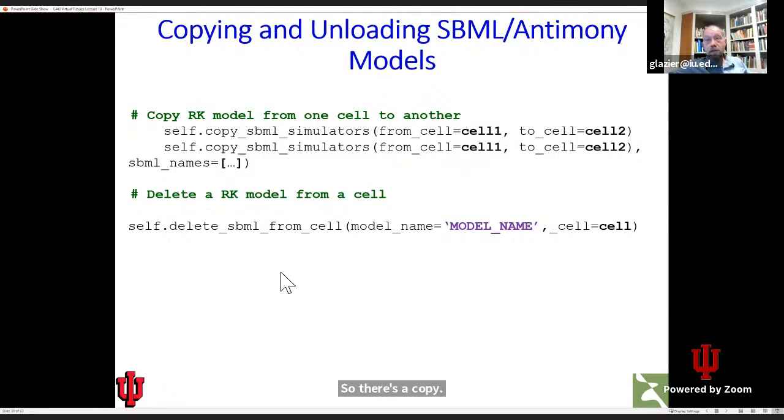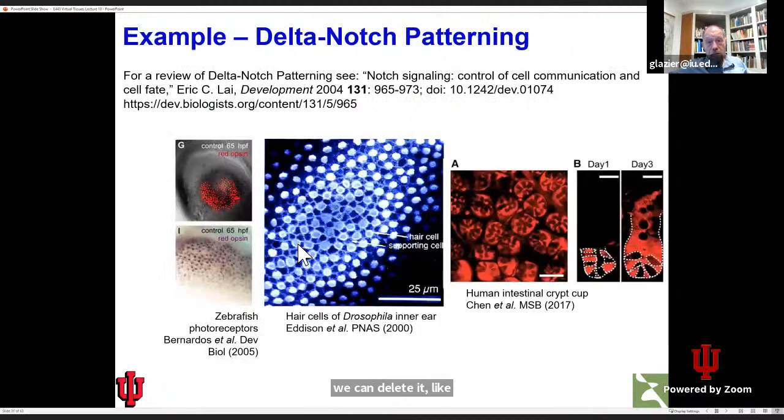And sometimes we might actually want to delete a model. It's not so obvious why we would want to delete a model, because you can always leave the model there and not read it or write it. But it does take time to run the simulator for it, and so we can delete it if we like. And that's about it.